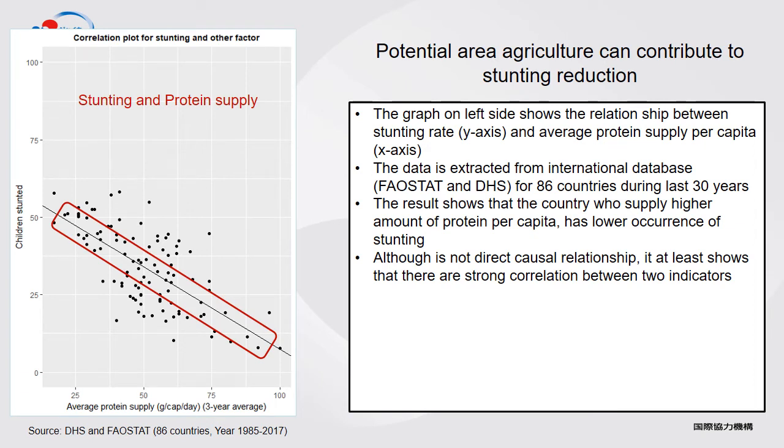It is well known that most of developing countries heavily rely on carbohydrate for their diet, and adjustment is required among macronutrients, carbohydrate, protein, and fat. And agriculture sector can contribute this process through improving availability and accessibility of protein.